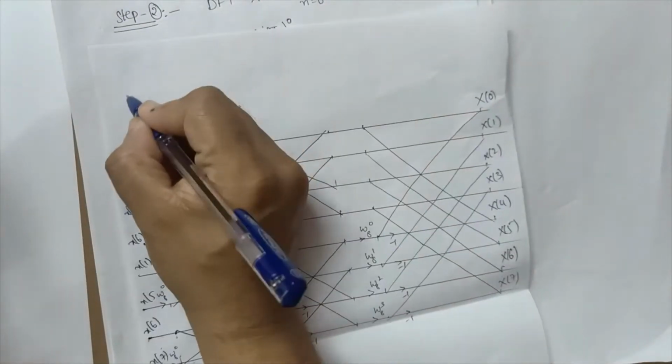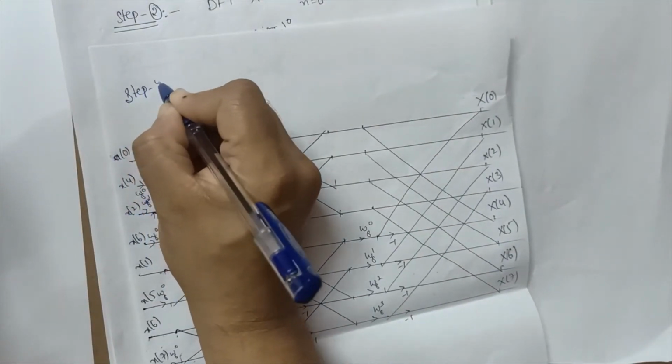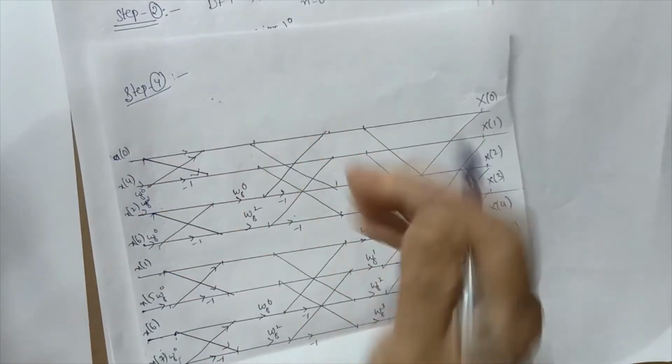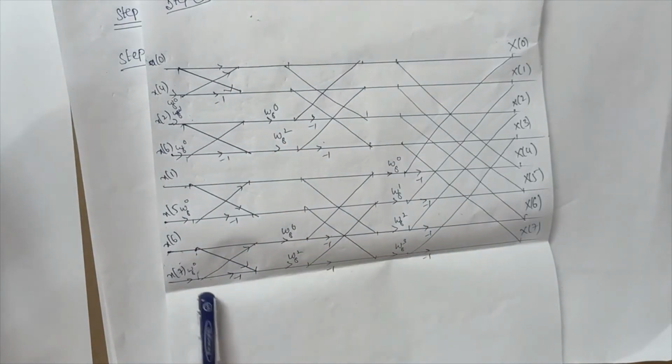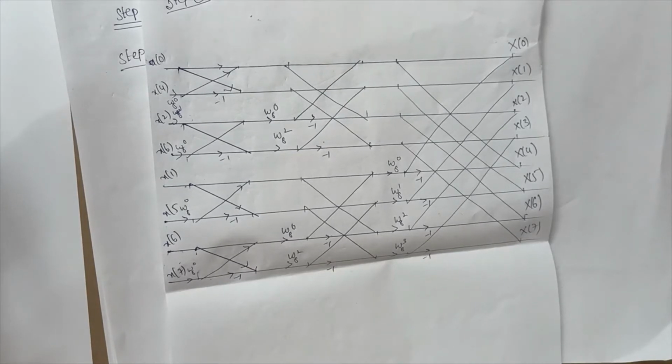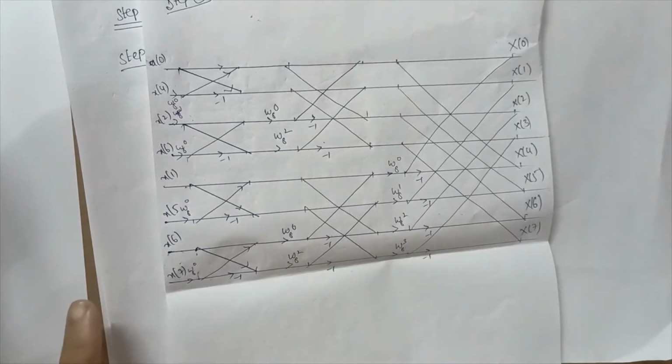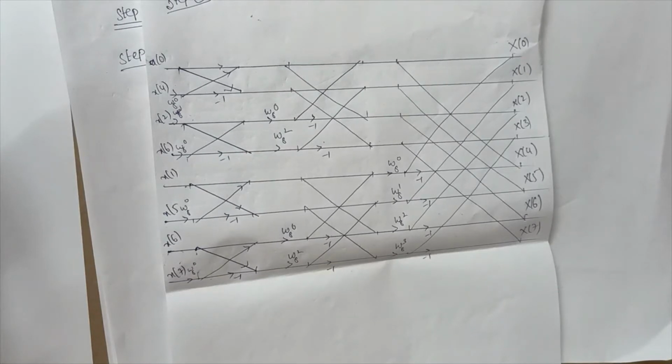In step 4, this is the main step. First we have to draw our DIT FFT butterfly structure. This radix 2 DIT FFT butterfly structure we have discussed in the previous class; the link for this video is in the description box, and it is also provided in the cards.